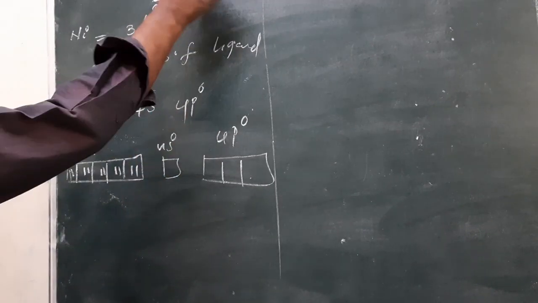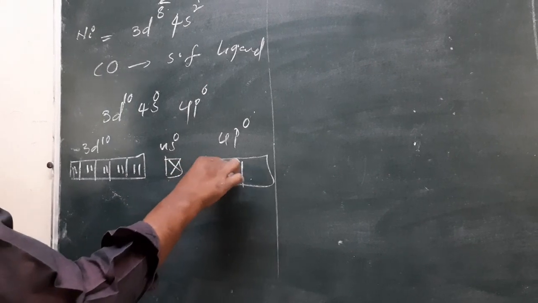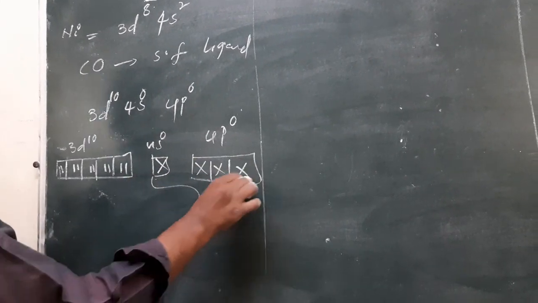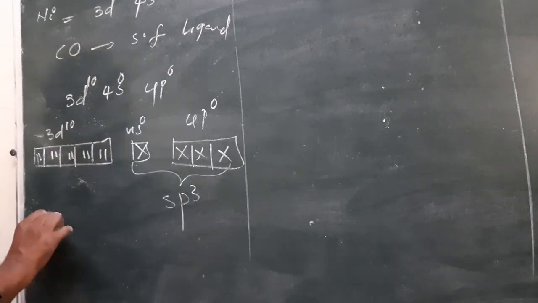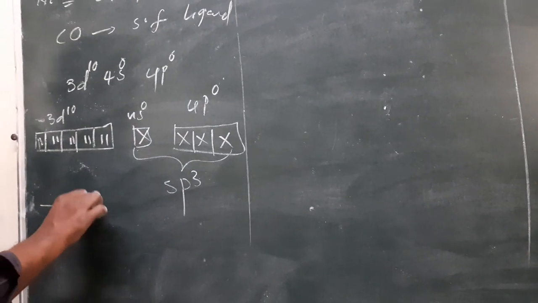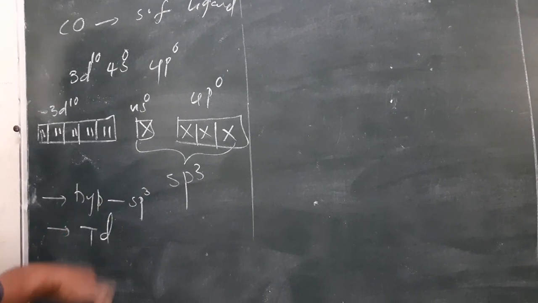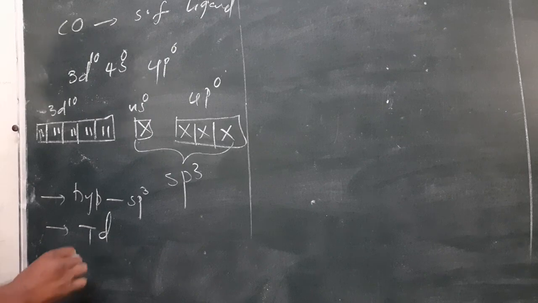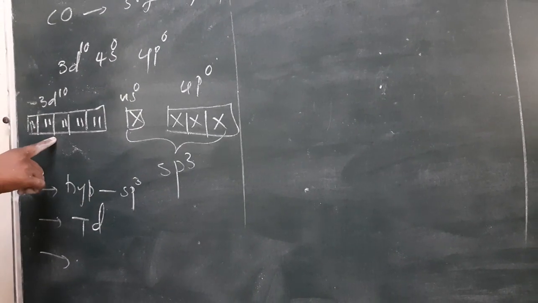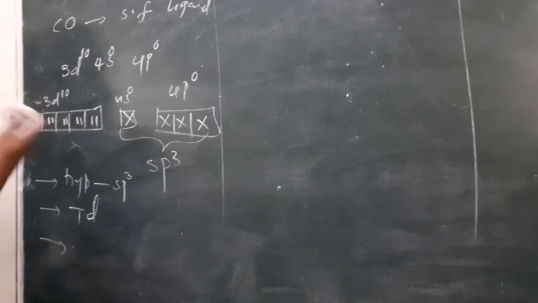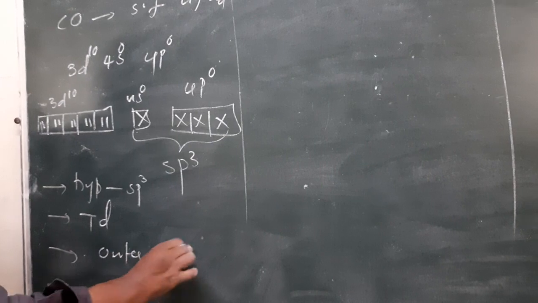Now the coordination number is 4, so we require 4 empty orbitals, sp3. So hybridization is sp3, and sp3 means the shape is tetrahedral, and this is an outer orbital complex. If 3d is not involved, that is outer orbital. If 3d is involved, that is inner orbital.